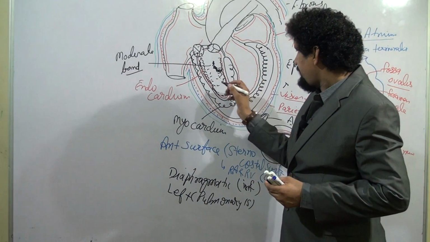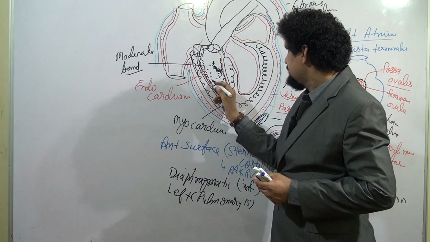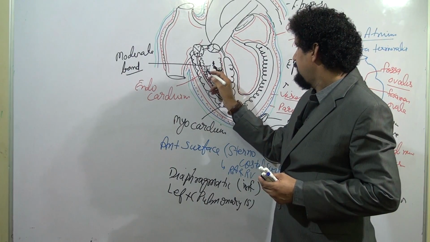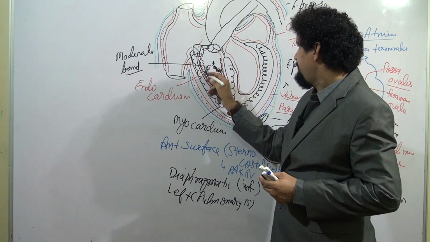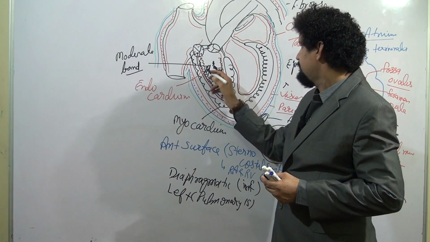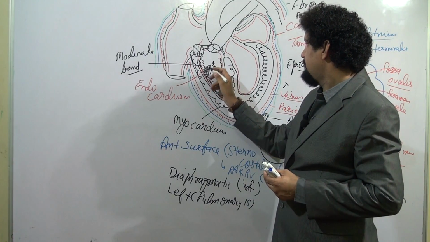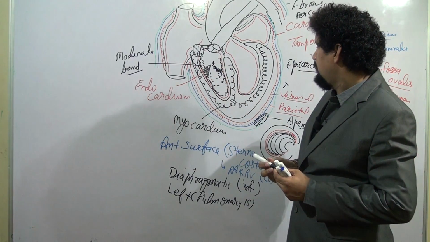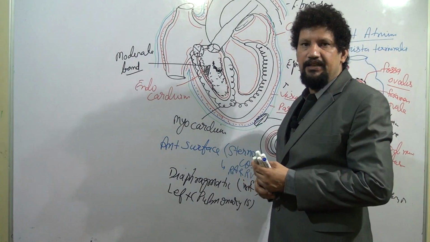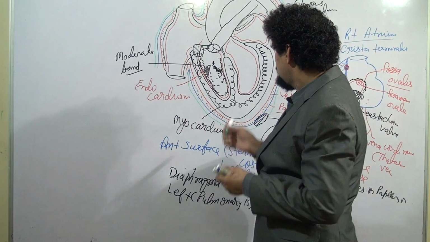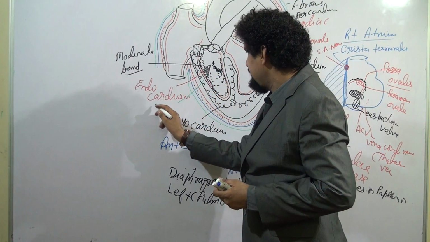Now, the small triangular muscles, with the apex toward the tricuspid valve, are known as the papillary muscles.